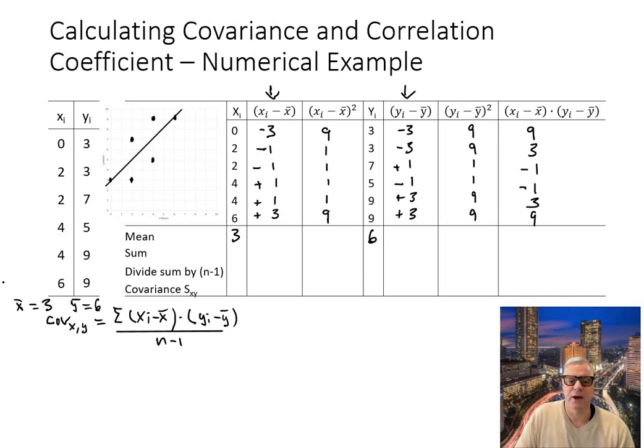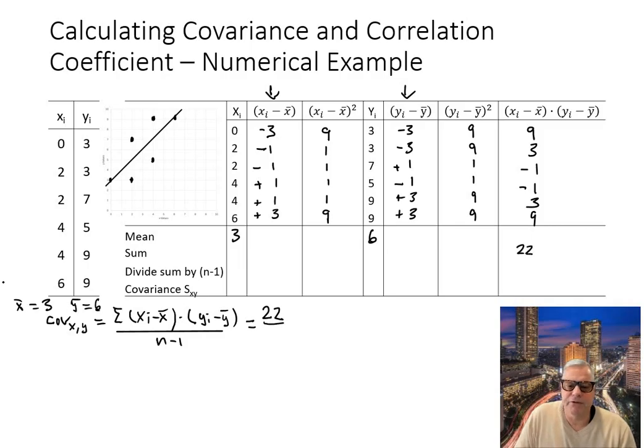Okay, so now what's the sum of all those products? That's 9, 12, 11, 10, 13, 22. So in the numerator we have 22. That's the sum of all these.